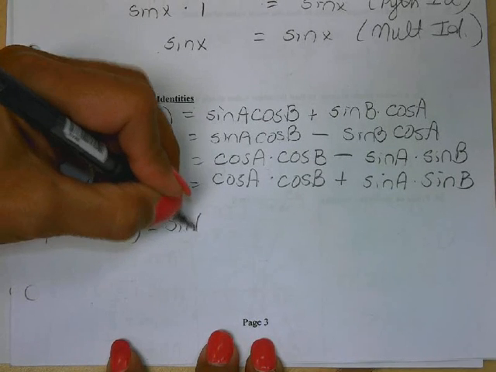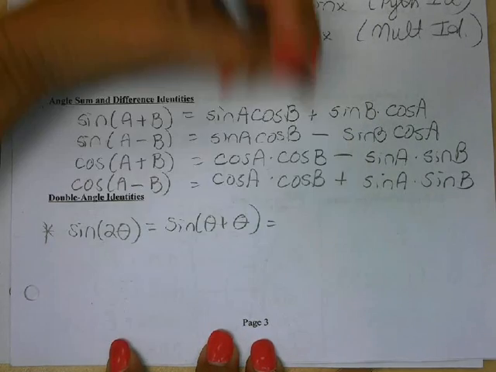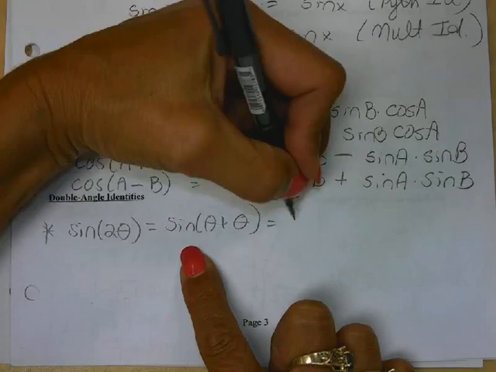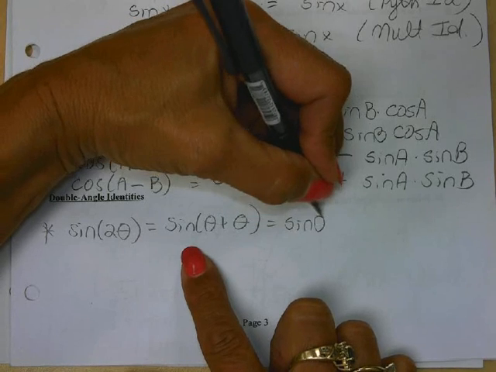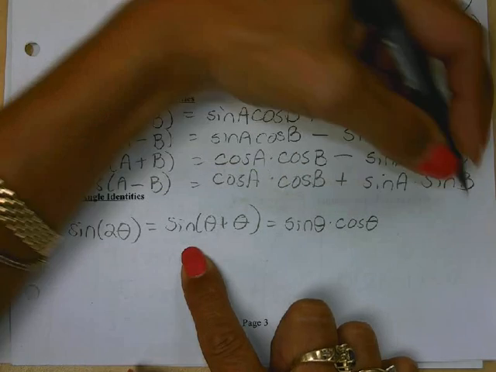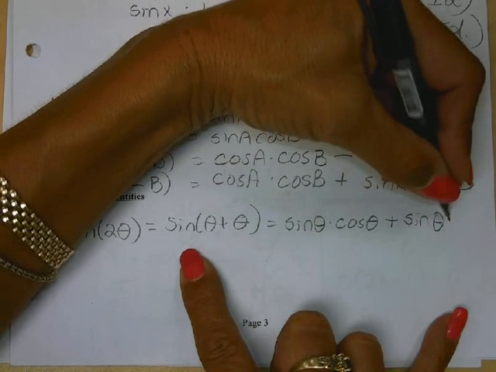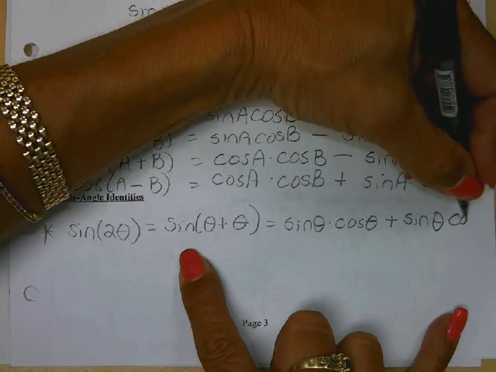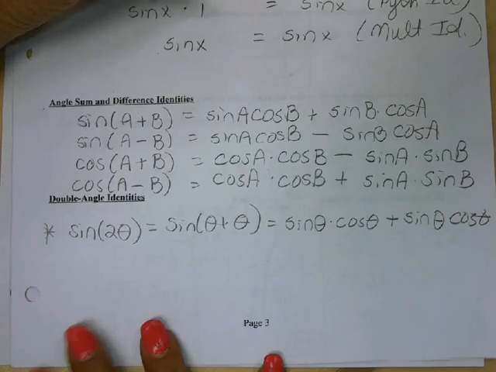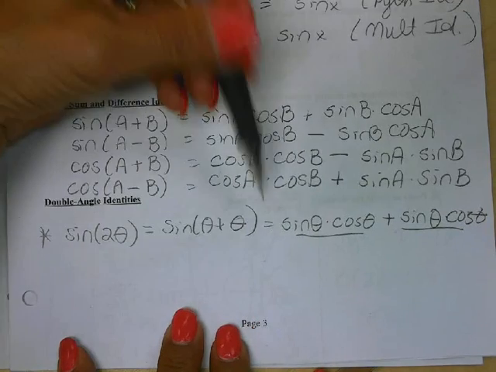We can think of 2 theta as theta plus theta. And then that would tell us that we take the sine of the first times the cosine of the second, which happens to be the same as the first, plus the sine of the second times the cosine of the first. And therefore, these two functions are exactly the same thing.